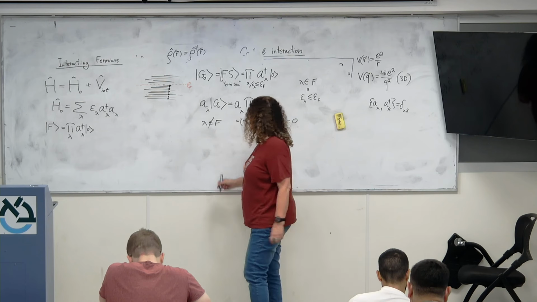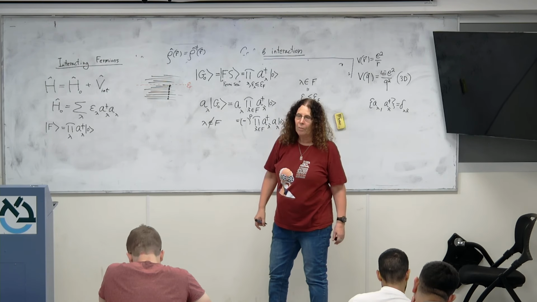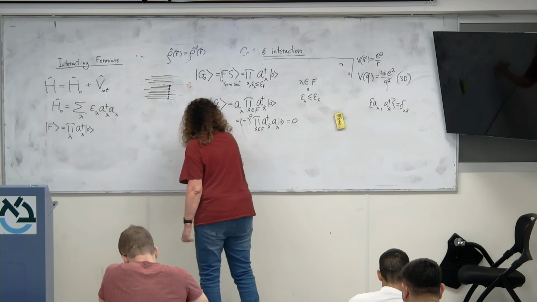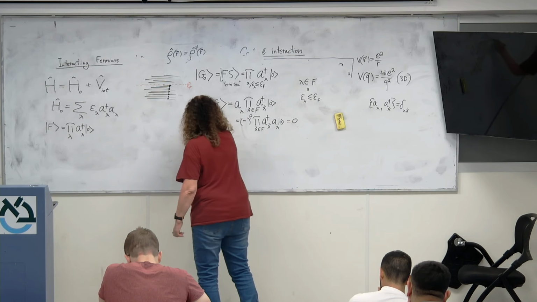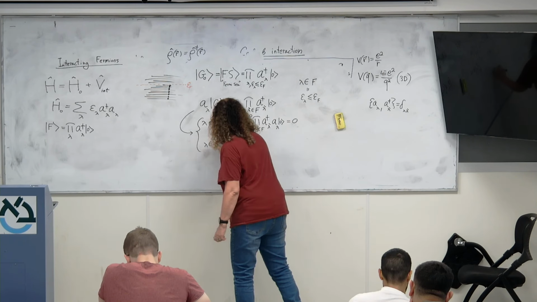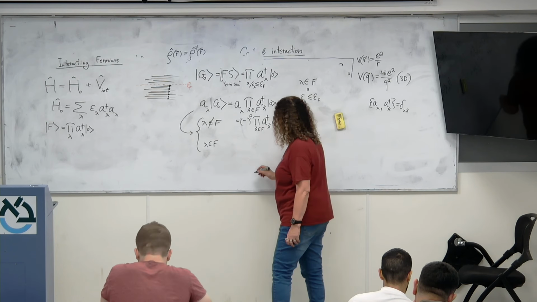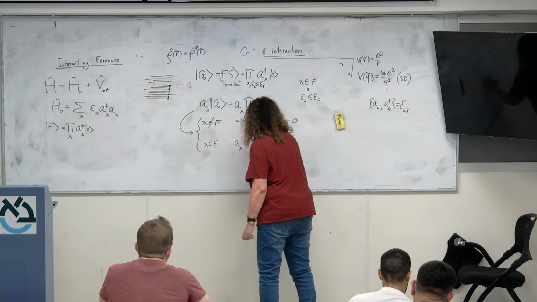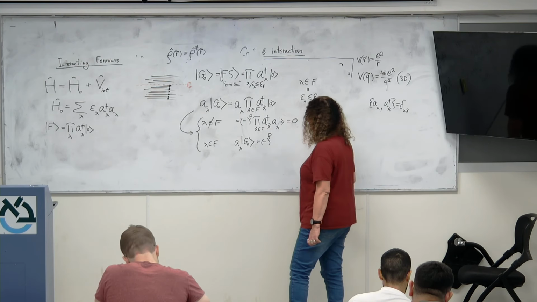On the other hand, if lambda is inside, you don't get 0, right? So one case is that it's not in F, but if it belongs to F, you get something non-zero. Let's write schematically what you get, and again it's up to some phase factor that I don't care about.